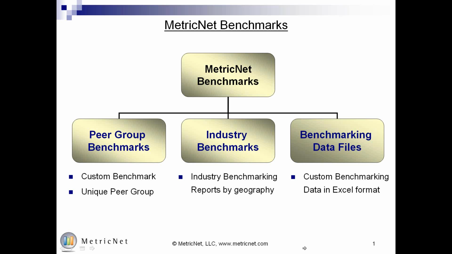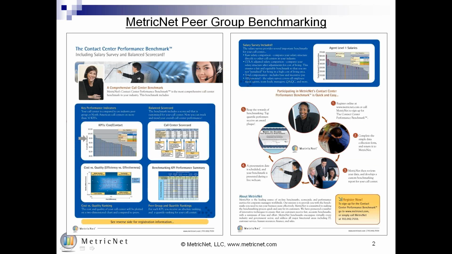Since the question of how to benchmark comes up in every webcast we conduct, I want to preempt the question right now and give you just a brief overview of MetricNet's benchmarking lineup. There are three ways that you can complete a benchmark with MetricNet. First, there are what we call peer group benchmarks that compare your call center, service desk, or desktop support performance to that of a unique peer group.